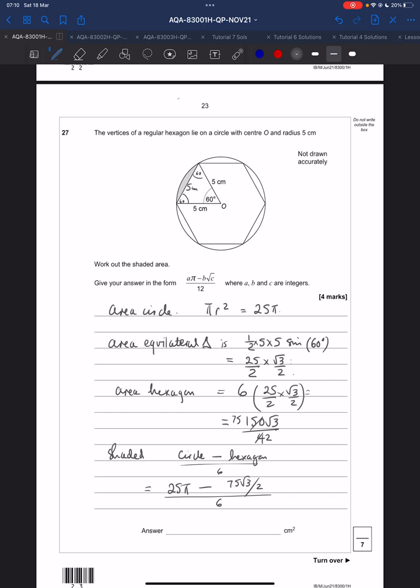And if I multiply, so what I've got here, circle, 25 pi, minus the hexagon, 75 root 3 over 2, and divided by 6, because that bit there is just one of the 6 of these, and divide that by 6. Okay, I'm going to multiply top and bottom by 2 now. So it's 50 pi minus 75 root 3, all divided by 12.